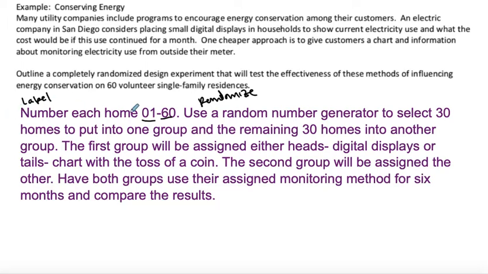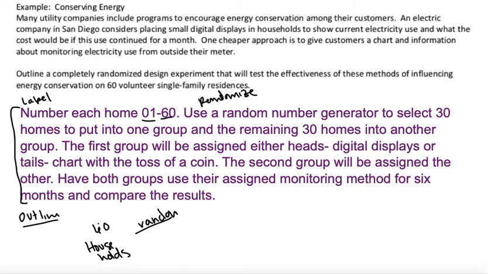Okay, here's one way that we can write it out, where this is going to be the written way. We can do an outline that is more visual as well, where we'd have 60 households, and we're going to randomly assign 30, and we have the remaining become this other group of 30. So this is outlining that idea.